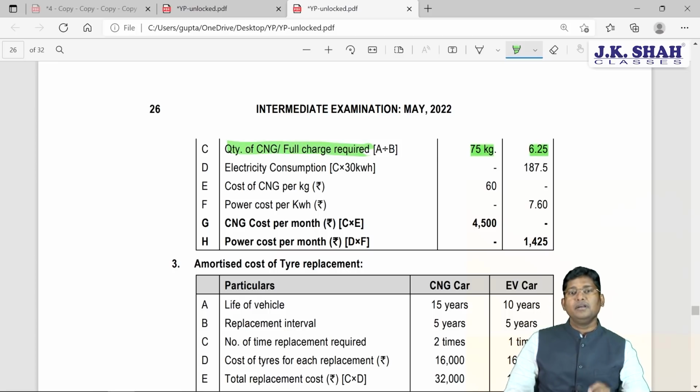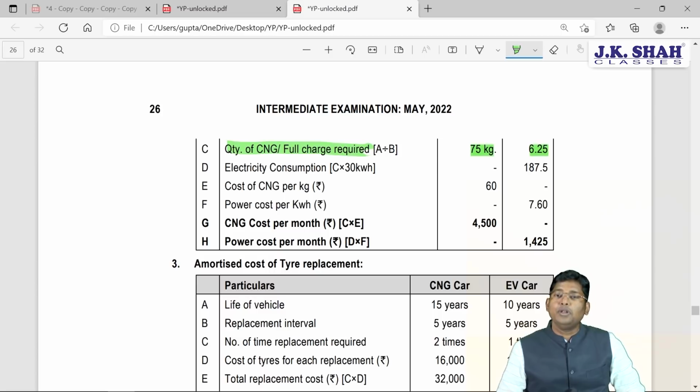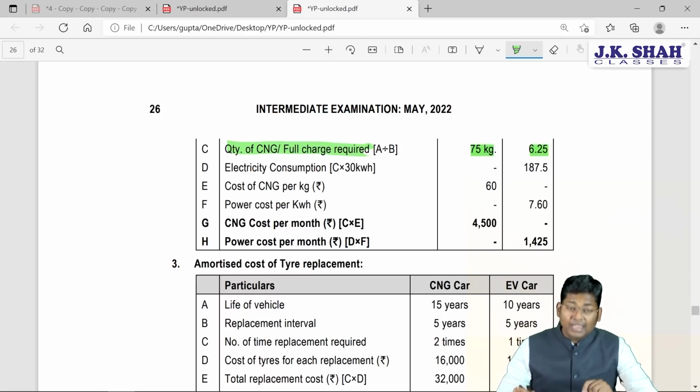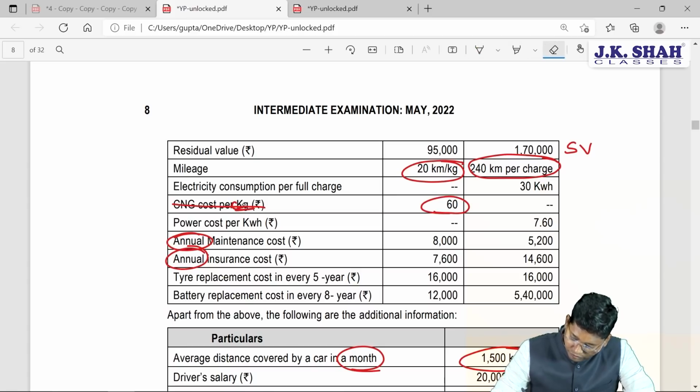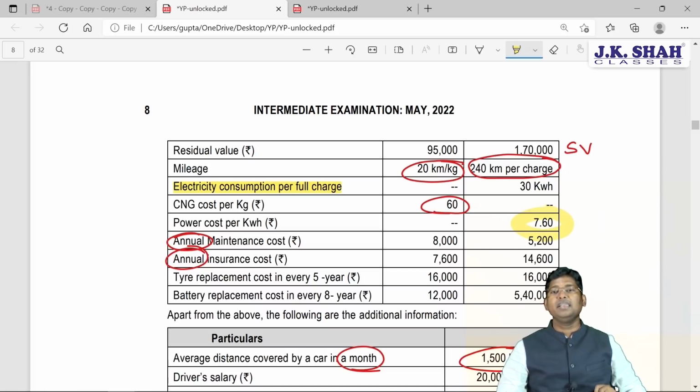The electricity which you are going to consume per charge is given in the question. You can check that CNG cost is given per kg, so nothing is hidden in that. But if you check the power or electricity cost which you are going to incur, that is given as 7.60, and this is given per kWh. See, electricity consumption per full charge is 30 kilowatt-hours.